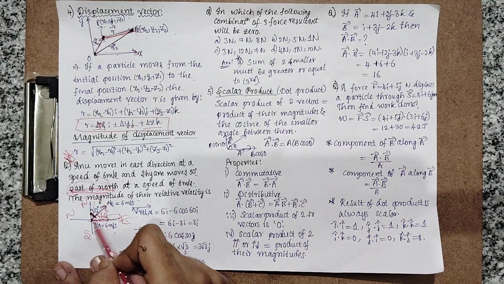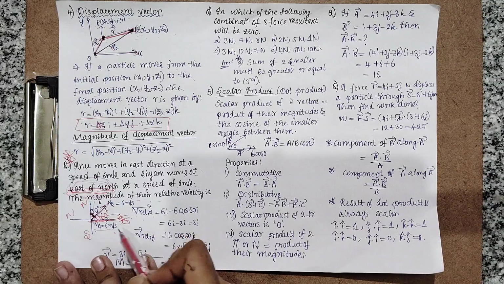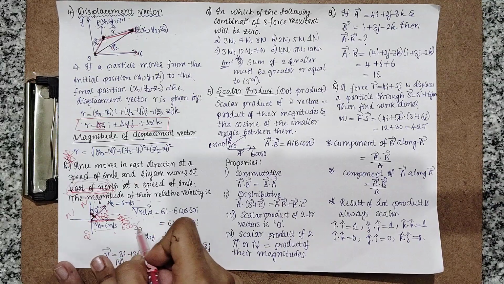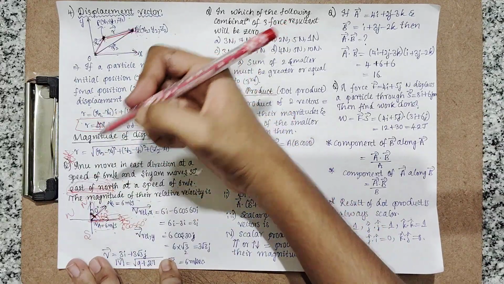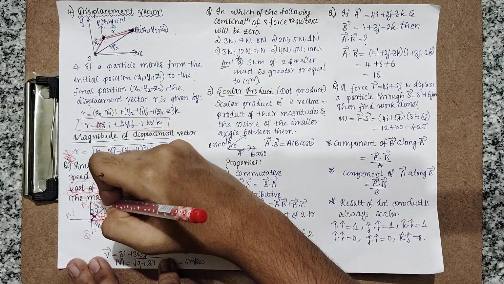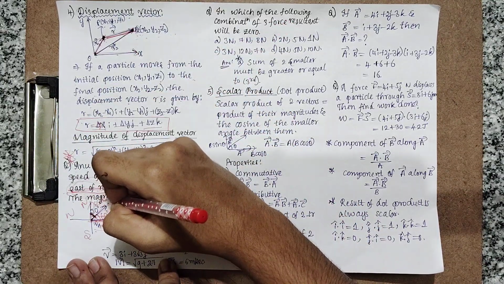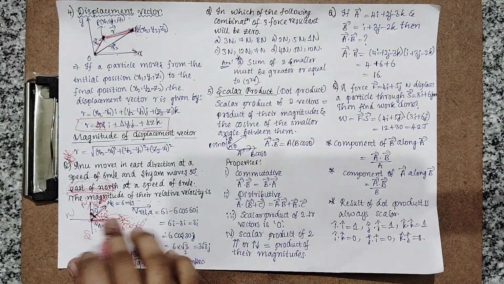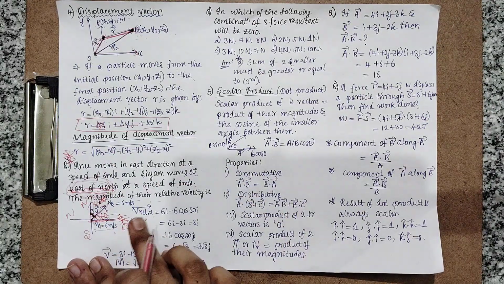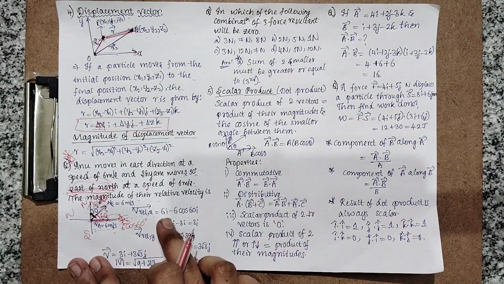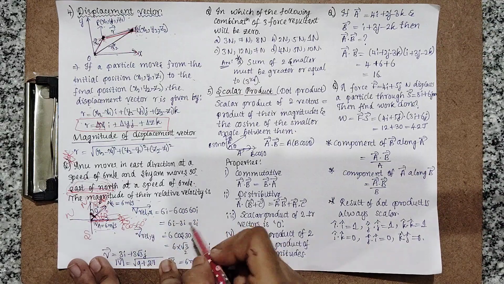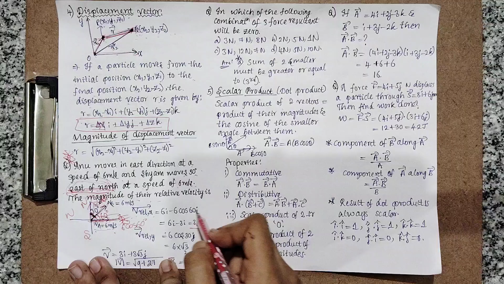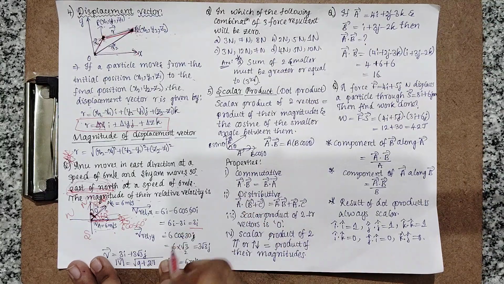If we resolve this, this will be your 6 cos 60, and this will be your 6 sin 60. So relative velocity in x direction is equal to 6i minus 6 cos 60, which is equal to 3i, as we know the value of cos 60 is equal to 1 by 2.